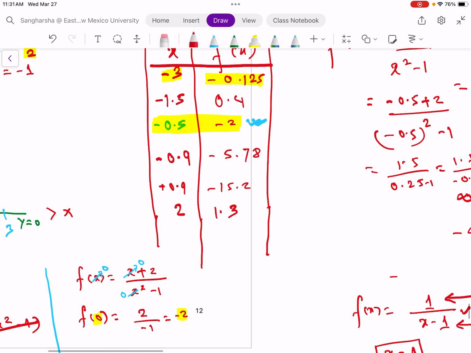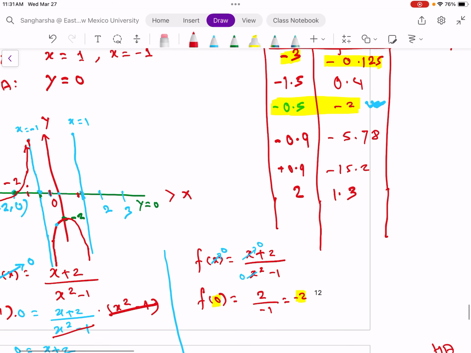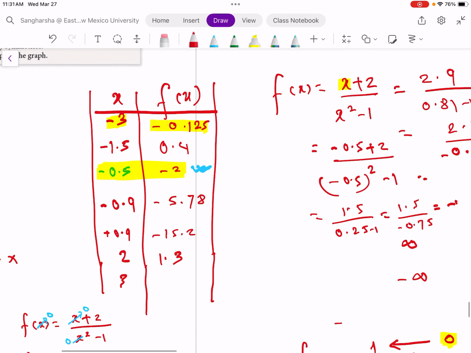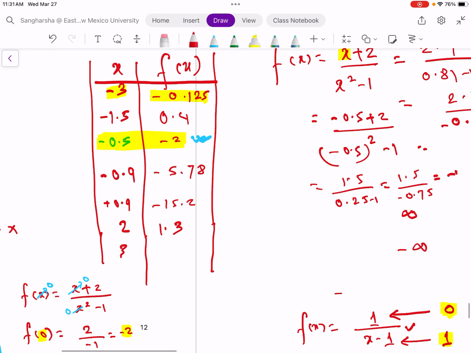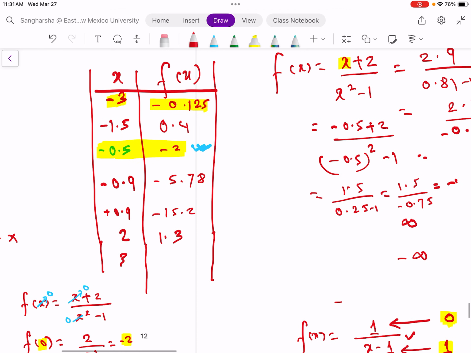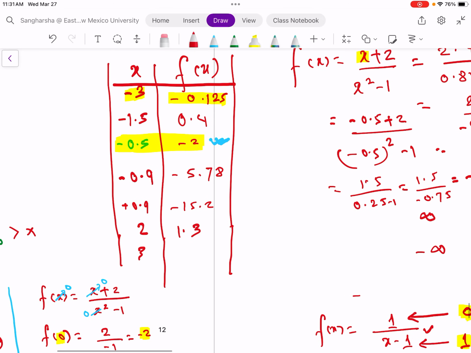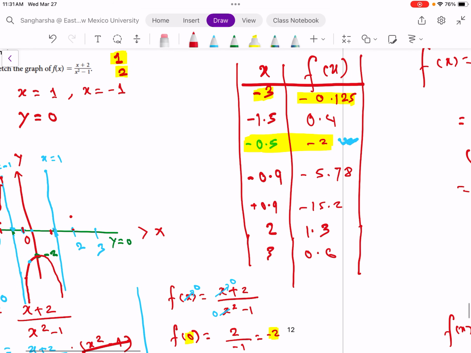So 2 and 1.3 is somewhere here. Now let's choose 3. When x is 3, we have 3 plus 2, 5, divided by 9 minus 1, that is 8. So 5 divided by 8 is 0.625. So it's somewhere here.